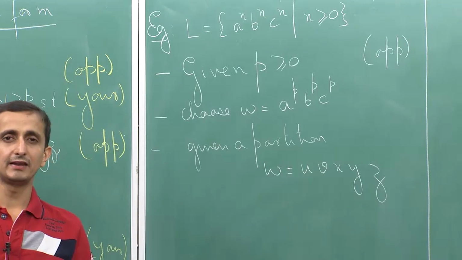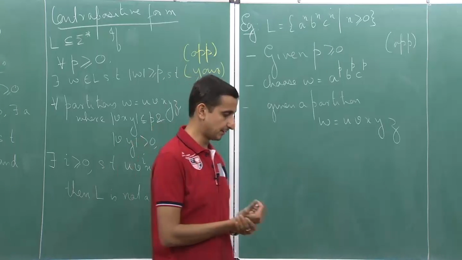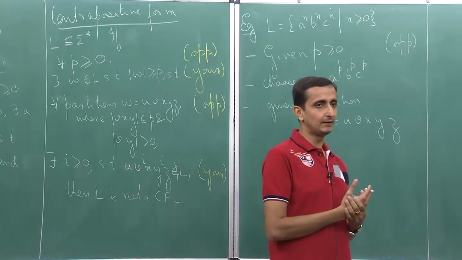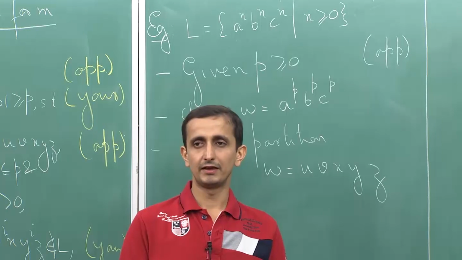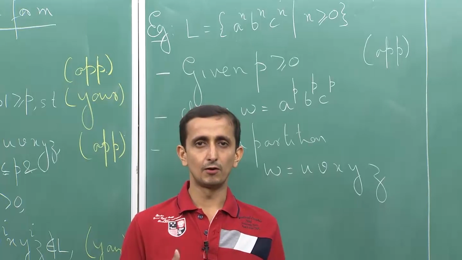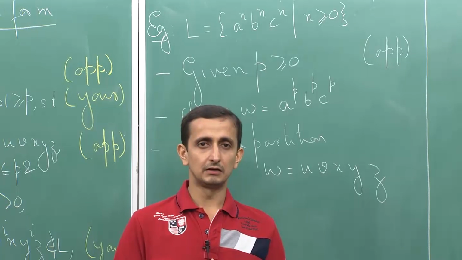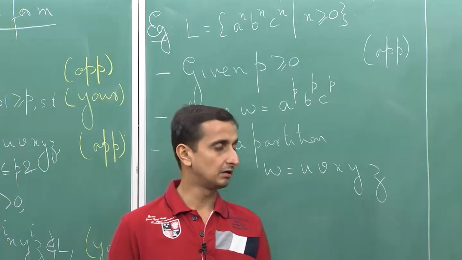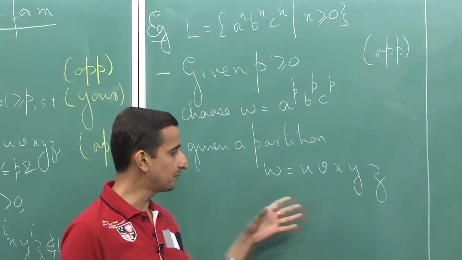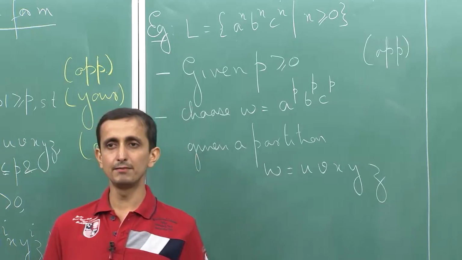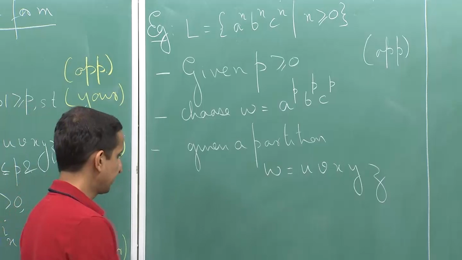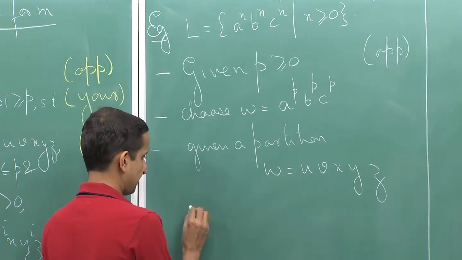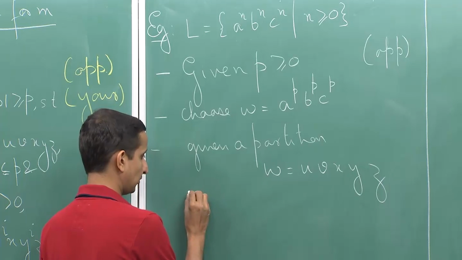Essentially, proving a language is not context free using the pumping lemma boils down to tackling all possible different cases that can arise, and how intelligently you can form the cases so that you can handle all possibilities by considering the minimum number of cases. So, here let us consider the following case.